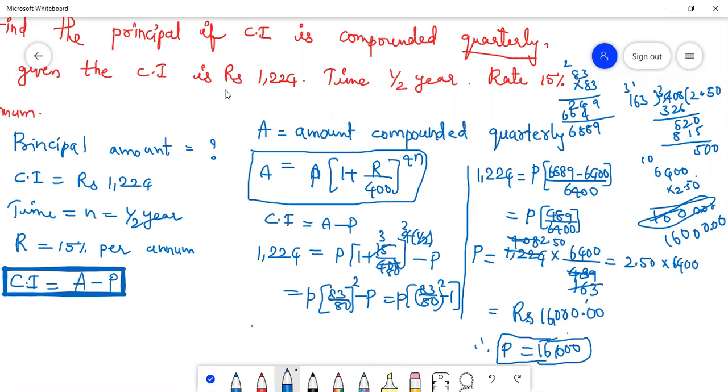Why? Because here the compound interest 1,224 is for half year with the rate of interest 15%. If it were 1600, we would not get above 1,000 in half year. So we did it wrong, and we check the calculation once again: 3 zeros, 25 4s are 100, 10 is the carry, 25 6s are 150 plus 10, 160. Take 2 digits before the point, so 16,000 is the principal amount.